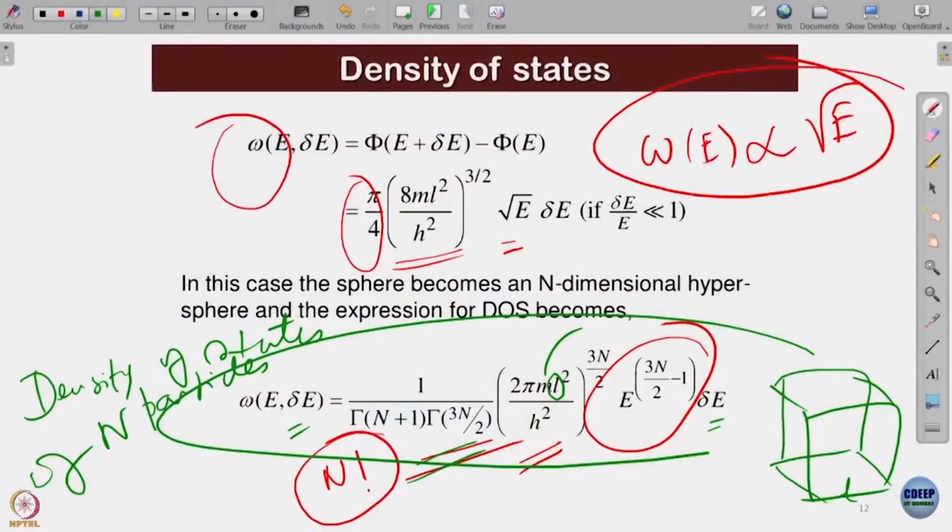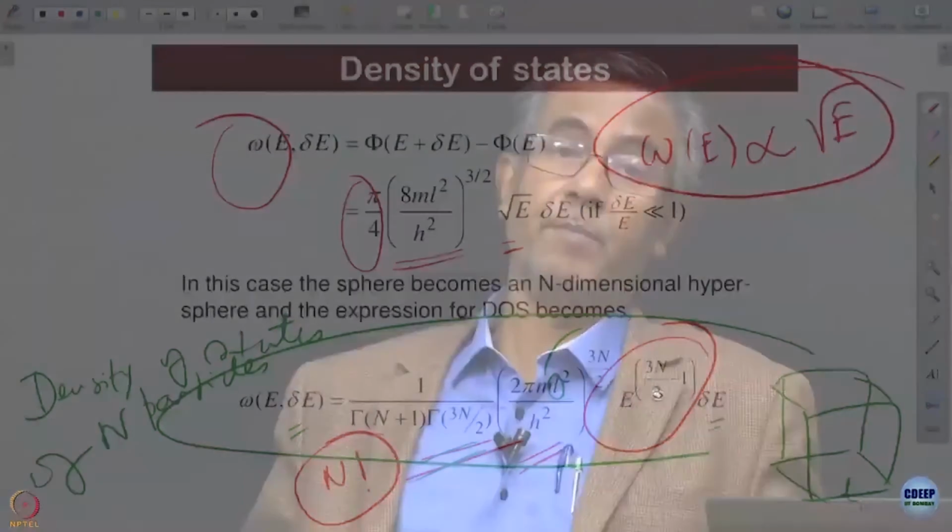So now you can see a very important thing that we already alluded to in the statistical mechanics in the initial part, that there is a huge number of states, particularly when you go to a little high temperature. So the number of states or density of states of an n particle system scales as E to the power n, and that is a very important result, and this means there are a huge number of states up there.